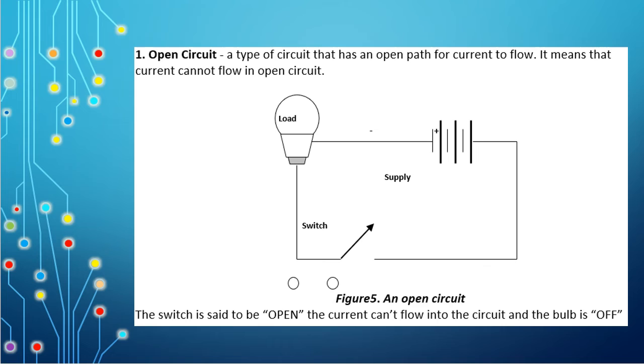It means that current cannot flow in an open circuit. Just like the illustration below, Figure 5 is an open circuit. The switch is said to be open, the current cannot flow into the circuit, and the bulb is off. So that is an open circuit.